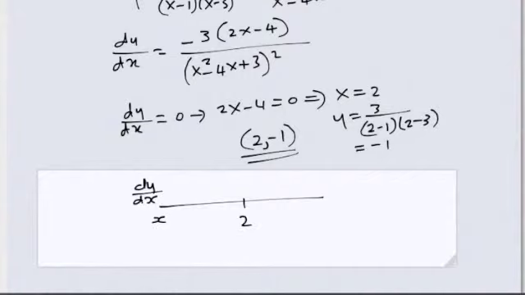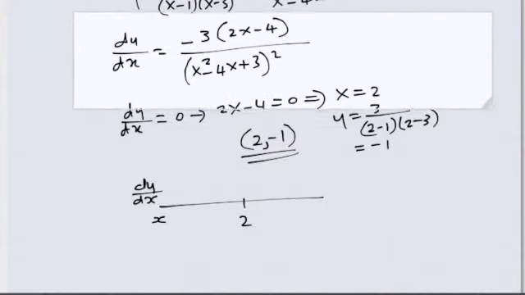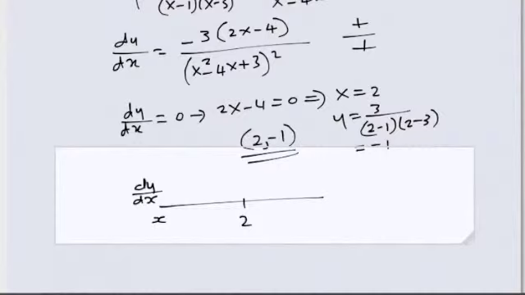So if we pick a number less than 2, for instance 0, what is the value of dy/dx? So dy/dx will have a positive numerator when x equal to 0. It will have a positive denominator, so dy/dx is positive for values of x less than 2. At 2, dy/dx is 0, we've established that.